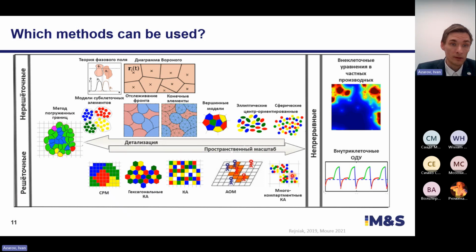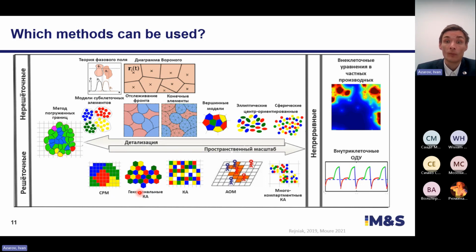And among on-lattice approaches, you also have the very well known precursor of other approaches, cellular automata, the cellular Potts model, and off-lattice approaches.